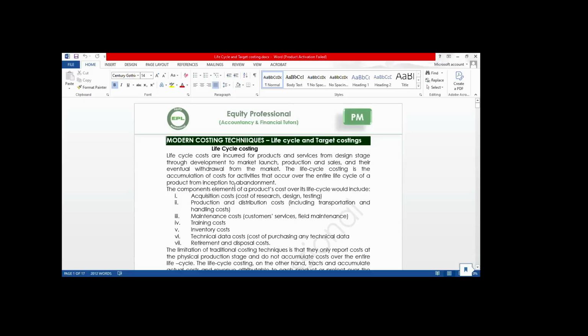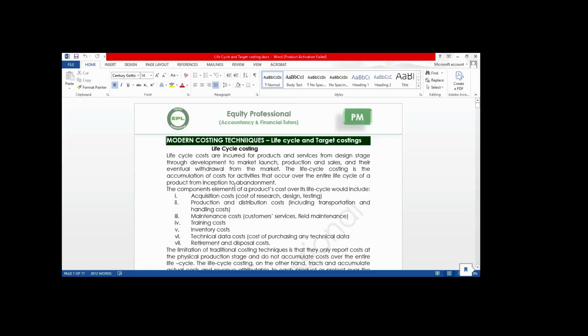The life cycle costing is a costing technique that accumulates cost incurred for activities that occur over the entire life cycle of a product, from the point where the product idea was conceived.